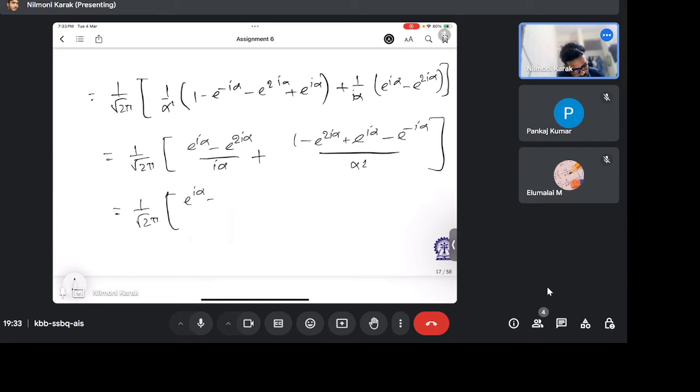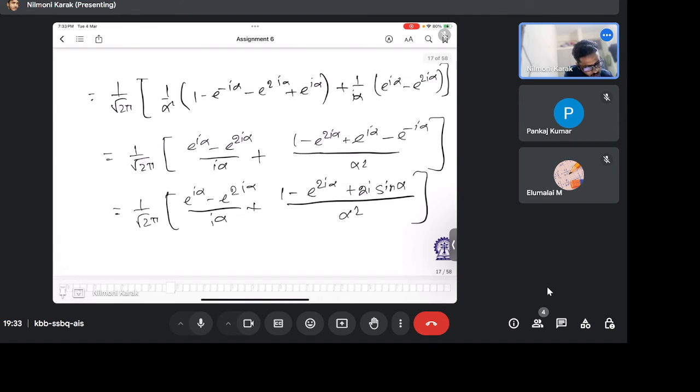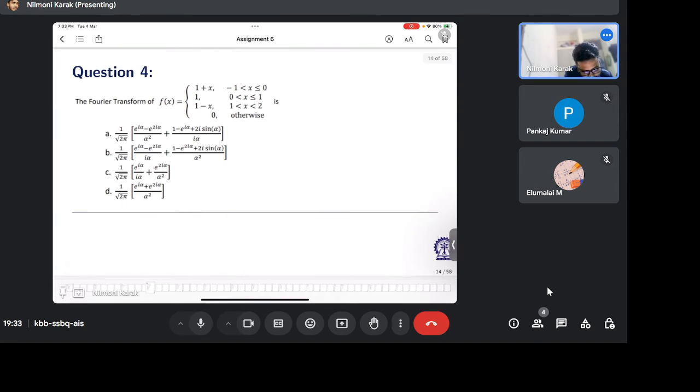So (e to the power i alpha minus e to the power 2i alpha) divided by i alpha, plus 1 minus e to the power 2i alpha plus 2i sine alpha, and alpha square. Now it is okay.